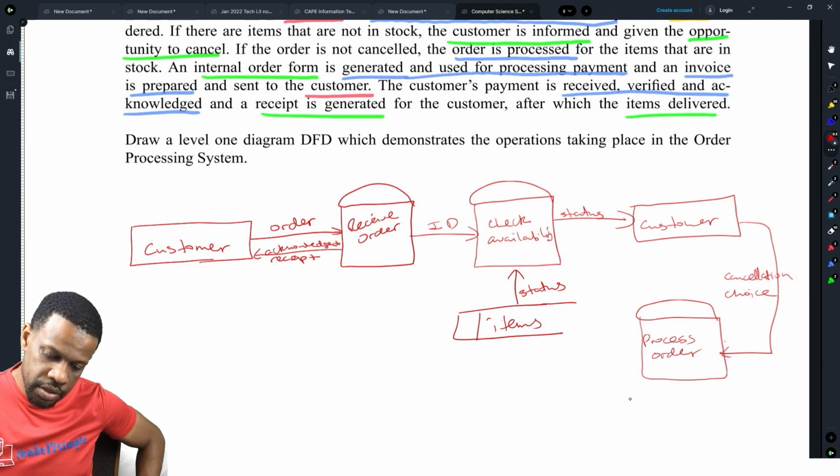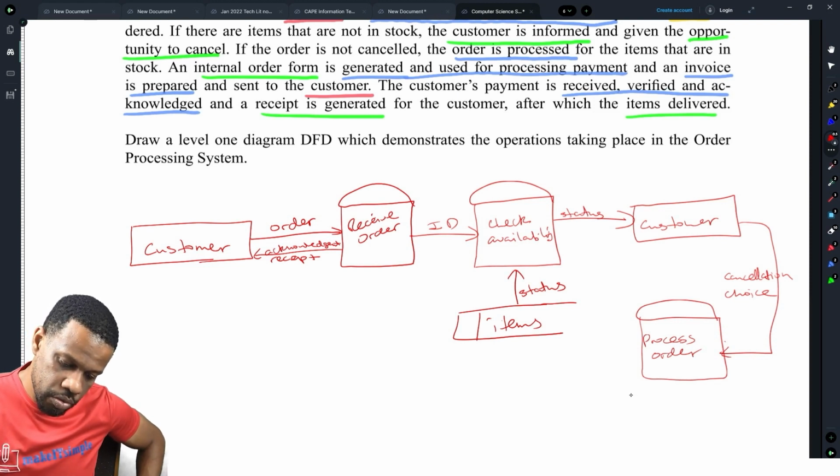If the order is not cancelled, the order is processed for the items that are in stock. An internal order form is generated. So to process the order, they're going to create an internal order form, which is generated and used for processing payment.